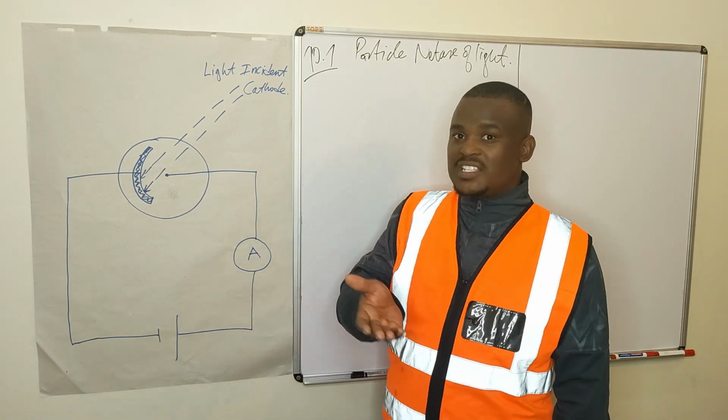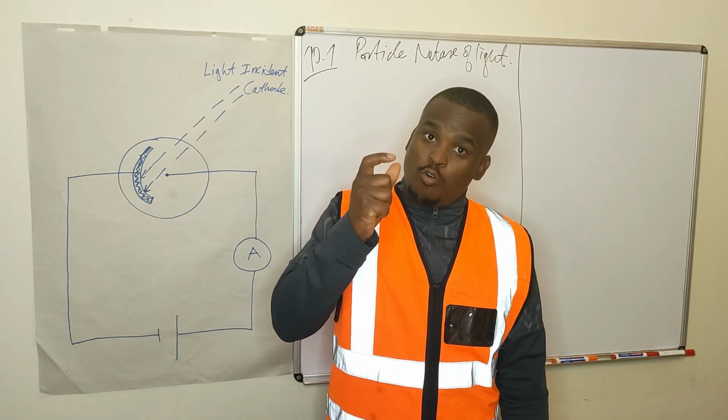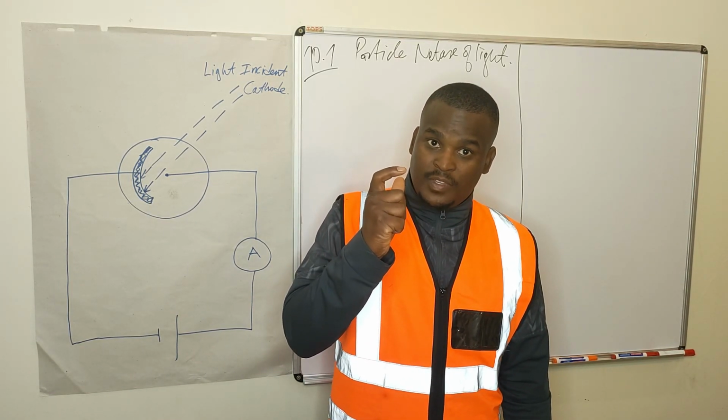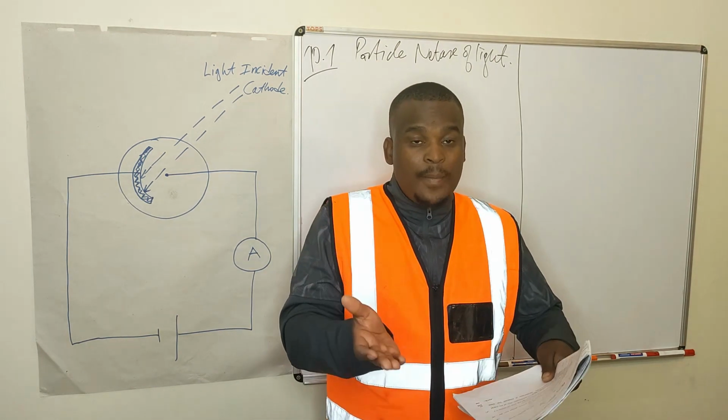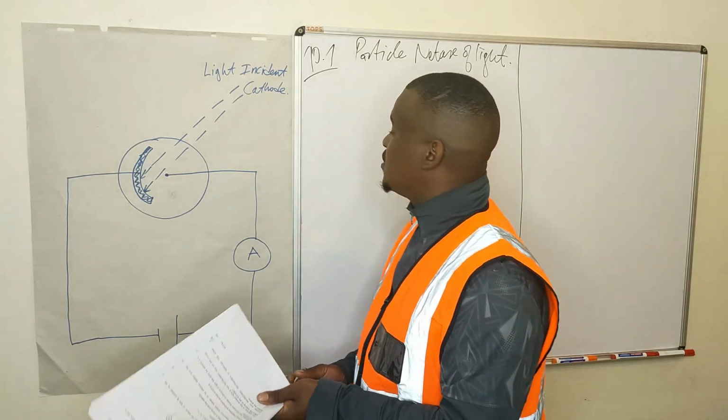So now the work function is that minimum energy that those photons should have in order to emit electrons from a metal surface. That's what the work function is.